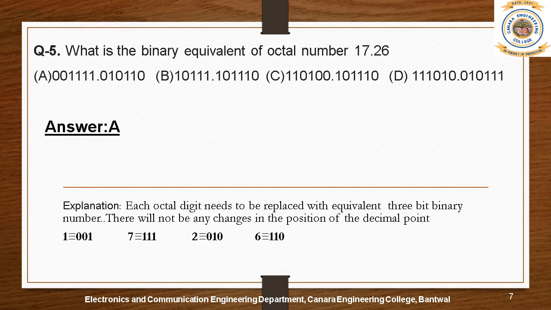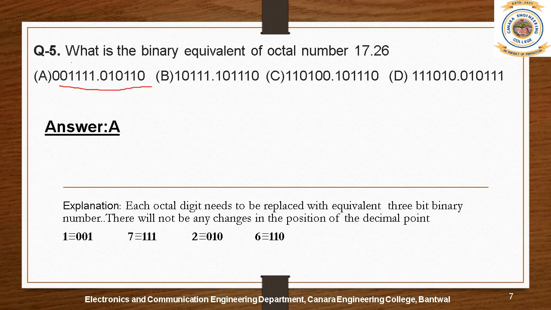Octal to binary conversion is very easy. Each digit is written in binary: 1 is 001, 7 is 111, 2 is 010, 6 is 110. So the total of that is this.